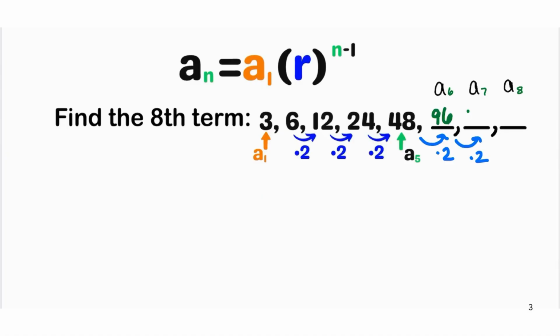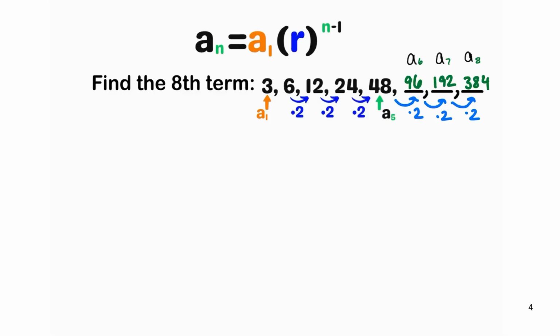And I'll get 192 for my 7th term. And you can see that if I multiply just one more time by that common ratio of 2, I will find out that my 8th term in this sequence is 384.